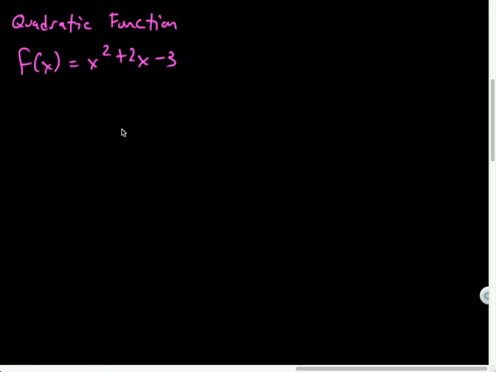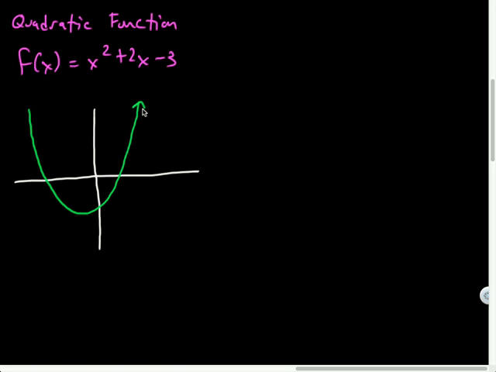What would the graph of a quadratic function look like? A parabola. Exactly. And this one looks something like this. And I don't actually really care where it lands right now. I'm just interested in the general behavior.